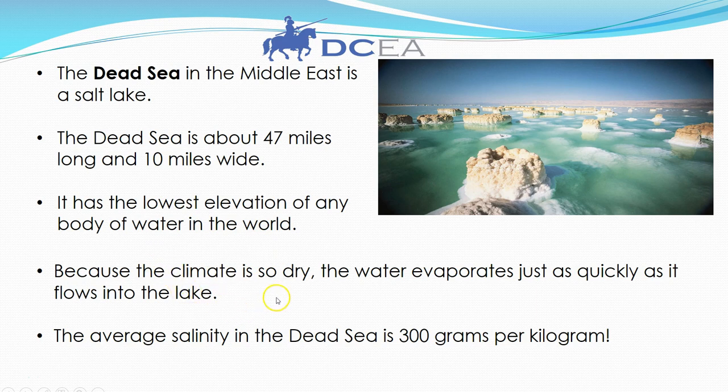Because the climate is so dry, the water evaporates just as quickly as it flows into the lake. The average salinity in the Dead Sea is 300 grams per kilogram. That is very, very salty. And what you see on top of that water is salt. Those are salt pillars.